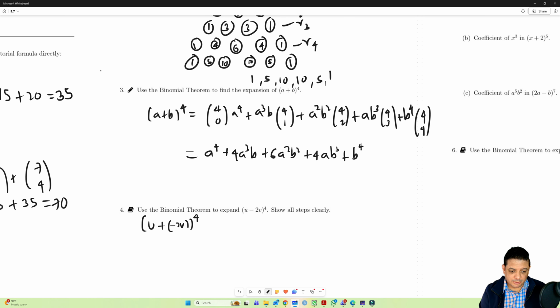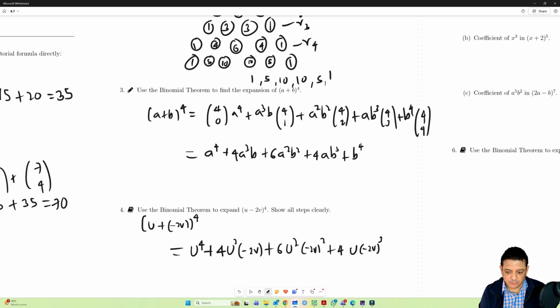This is going to be u to the 4, since u is a, plus 4 times u cubed times minus 2b, which is our b, plus 6 times u squared times minus 2b squared, plus 4 times u times minus 2b cubed, plus minus 2b to the 4th.